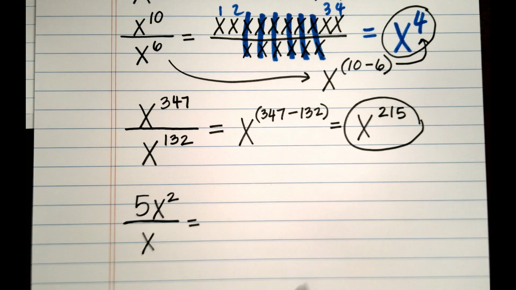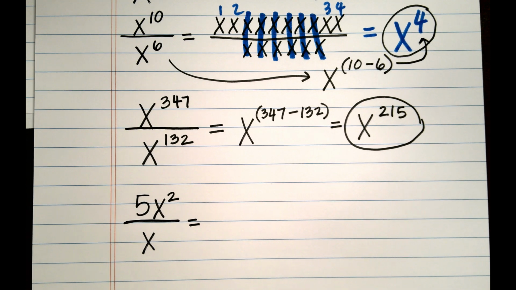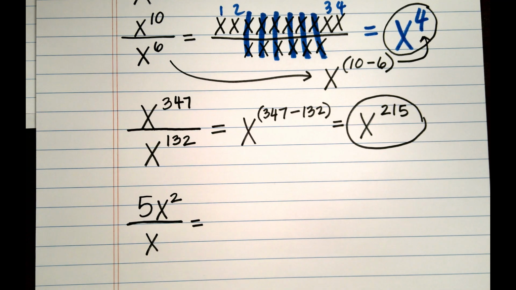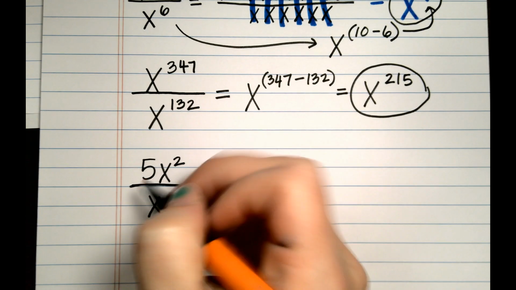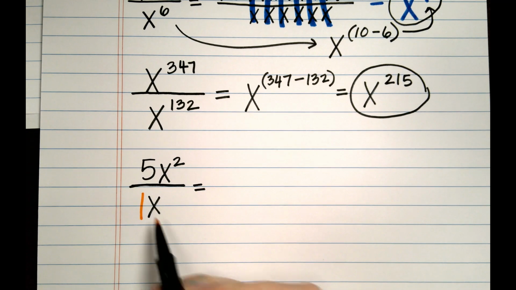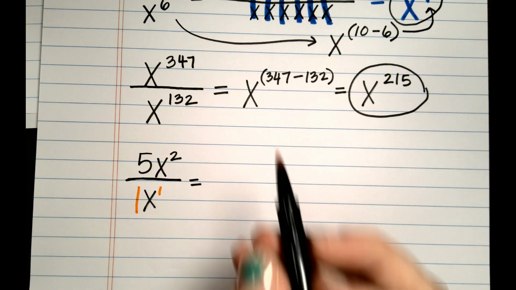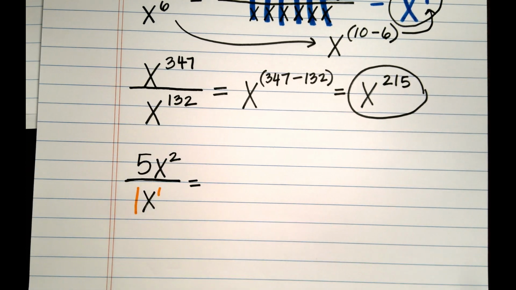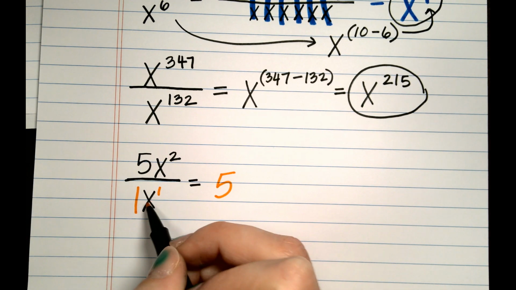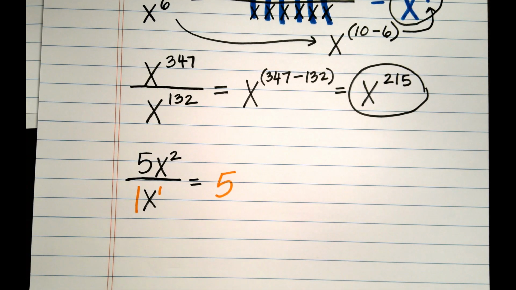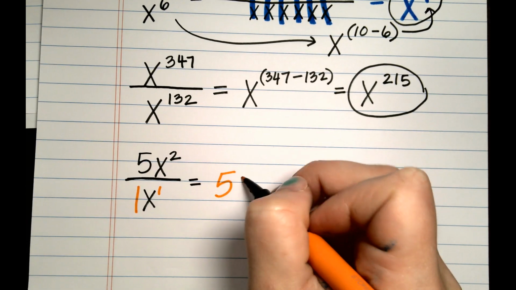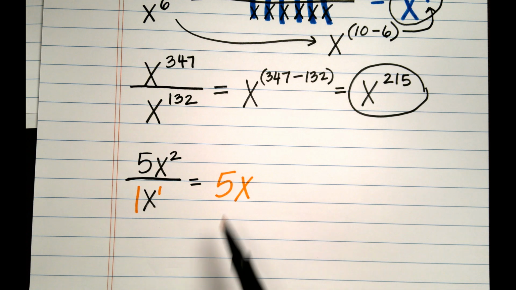We know that in front of our x and above our x, there's no number, so I can assume that there's one x, and that it's x to the first power. So 5 divided by 1 is 5. X squared divided by x to the first power is x to the first power, which is also just x. And that's our answer.